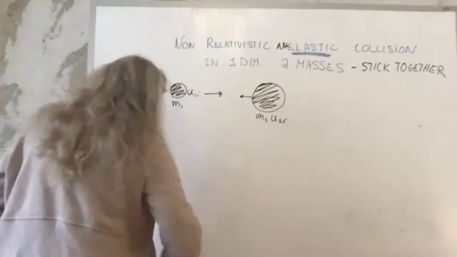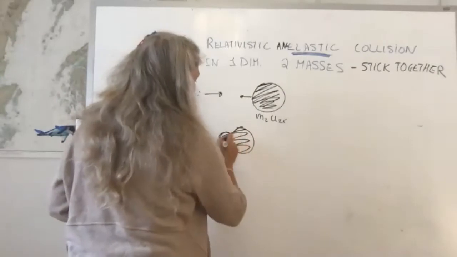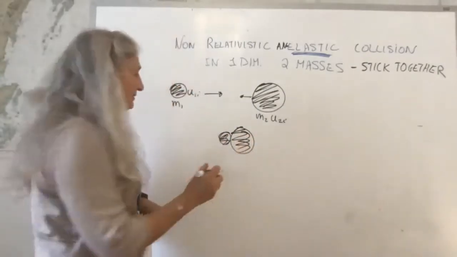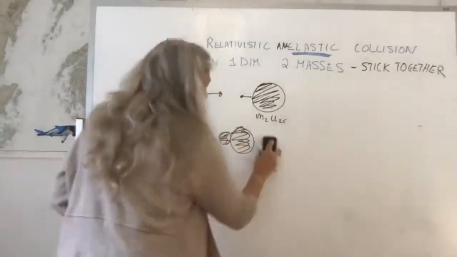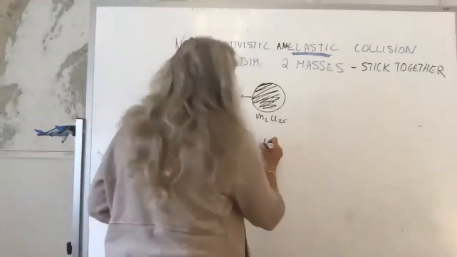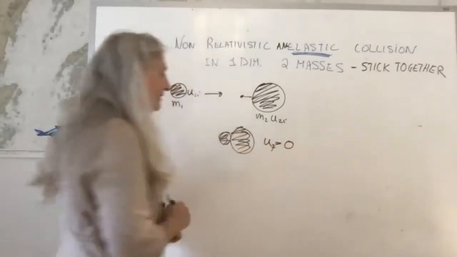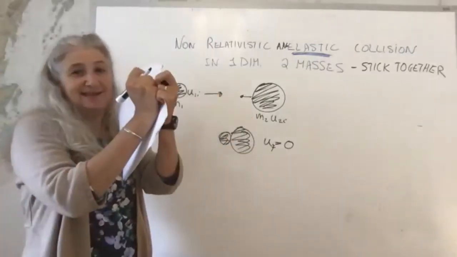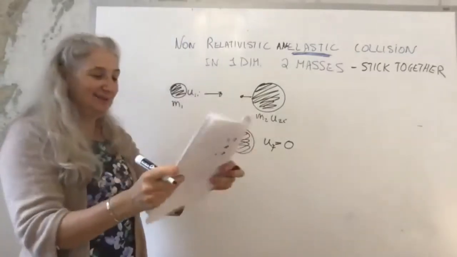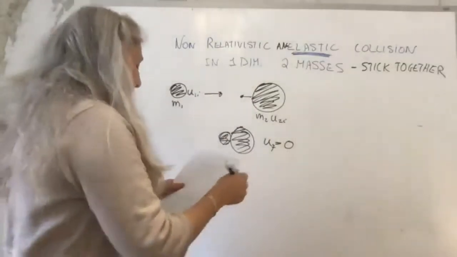Since they're sticking and we're in the center of mass frame, afterwards we just have this, and they're not moving. So U is equal to 0. The final velocity of the combined thing is 0 in the center of mass frame. You can think of them as just going like this, and then they stick and stay there. That's what the problem looks like in the center of mass frame.